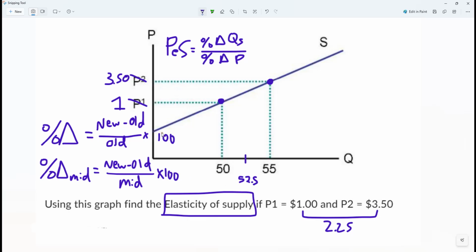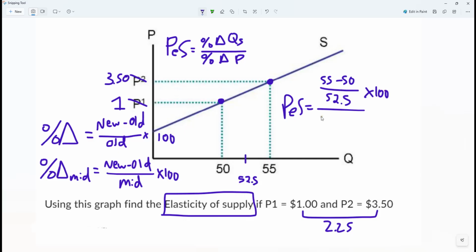Okay, so let's use the midpoint method first, and we're going to plug in everything. I like to do quantity on the top and quantity first. So 55 is our new value minus 50 over the midpoint 52.5 times 100.